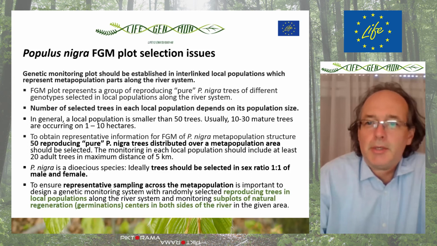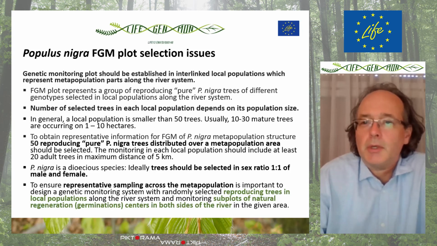The number of selected trees in each local population depends on its population size. If you have a local population with more Populus nigra trees, then it's good to select more trees from this population. Usually, local populations consist of 10 to 30 trees, which occur in 1 to 10 hectares.